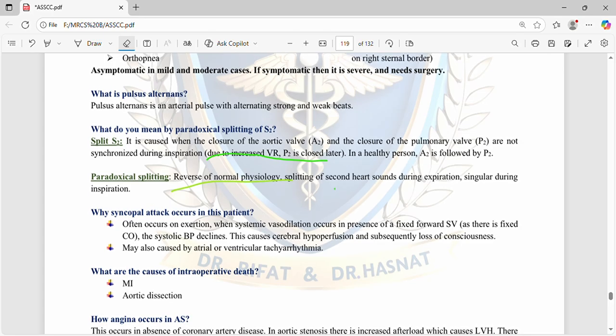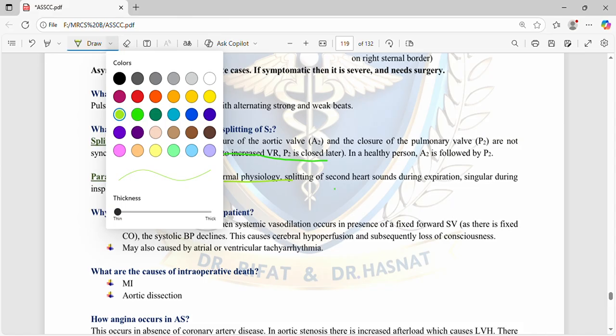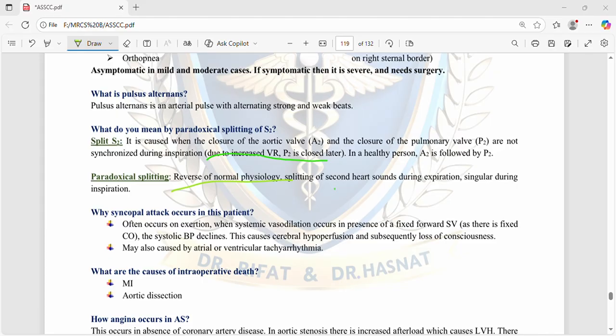What happens in reverse or paradoxical splitting? On the other hand, in expiration, since the chest cavity volume is decreased, the blood is pumped into the left atrium and the left ventricle.